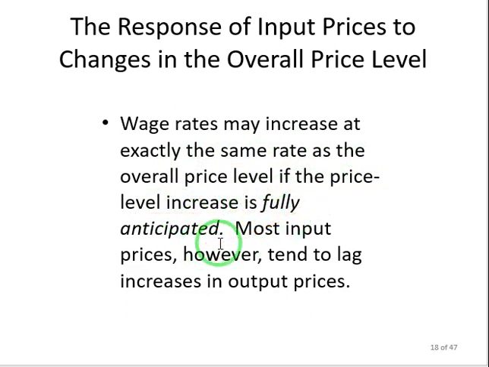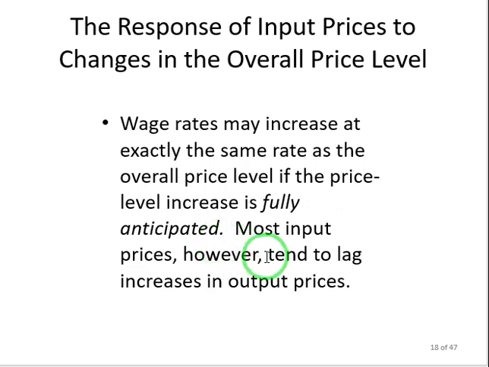Here we talk about labor anticipation. If the labor expects that the prices of goods and services in the future shall increase, then they will also talk about an increase in their wages. But since the labor don't realize or anticipate the price level changes easily, they cannot increase their wages by negotiations.